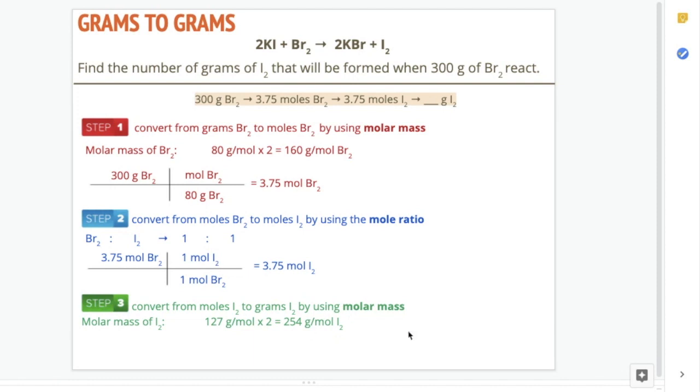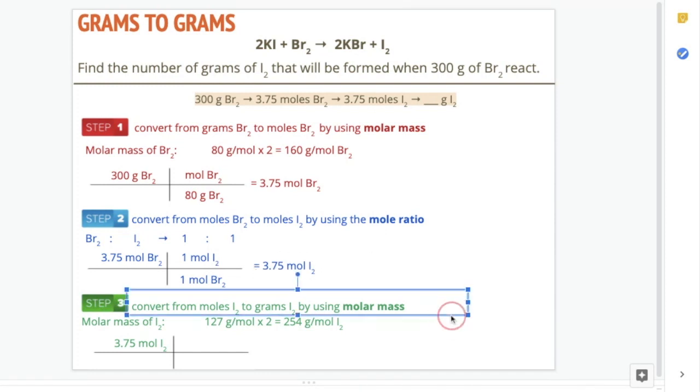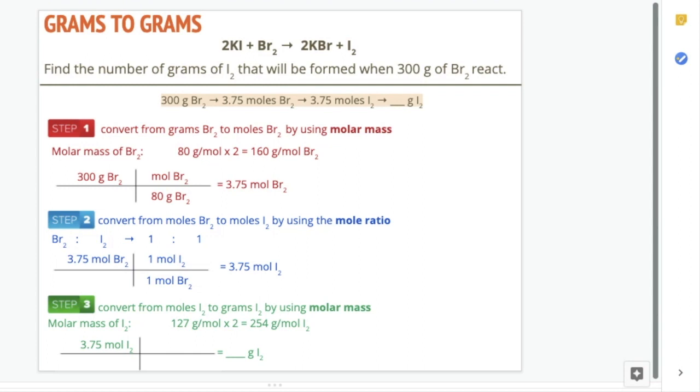Next, I set up my chart by starting with what I have. I have 3.75 moles of I2, which came from here. And I need to get out grams of I2, because that's what the question asked us. Therefore, I'm going to use the molar mass to convert between my moles and my grams.